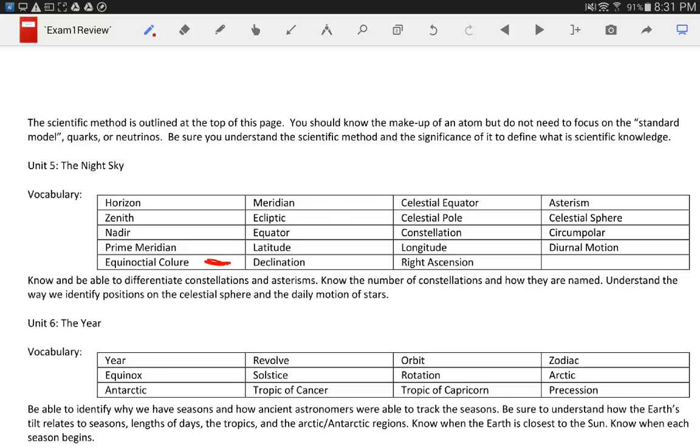Come on. Okay, so we've talked about your meridian. The ecliptic, the path the sun takes as observed from Earth. Now, that's using the celestial sphere model. What's really happening? What really defines the ecliptic? Our orbit around the sun. We have to be a little bit careful with the wording.